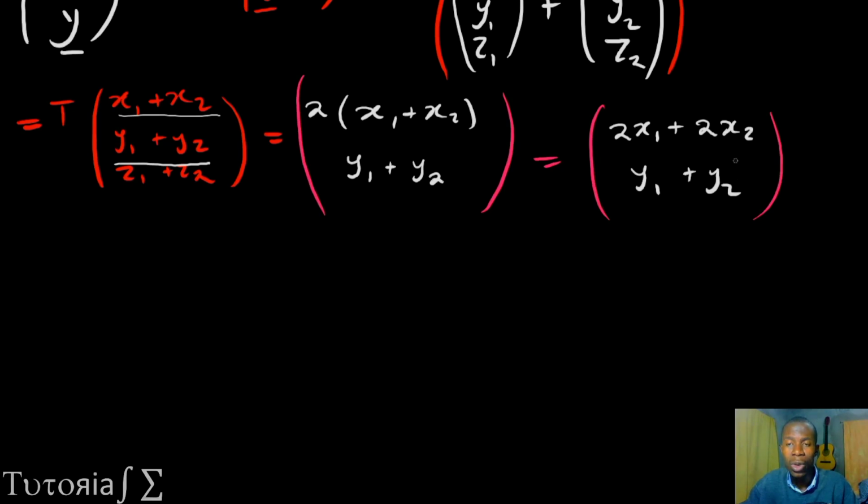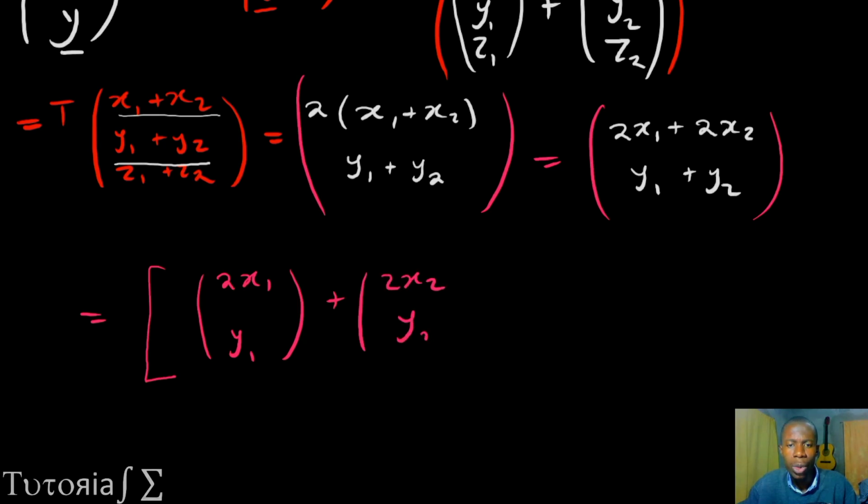The goal here is to separate the x1s and y1s on one column and the x2s and y2s on the other column. So we can say this will be 2x1, y1 plus 2x2, y2. So basically when we add these two, we're going to have that.